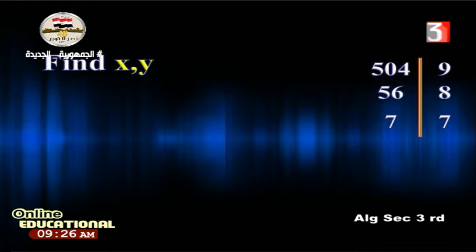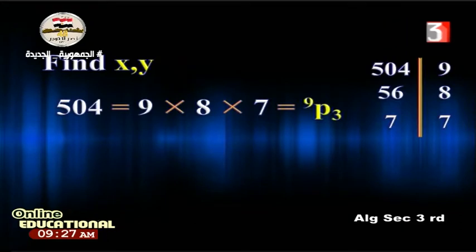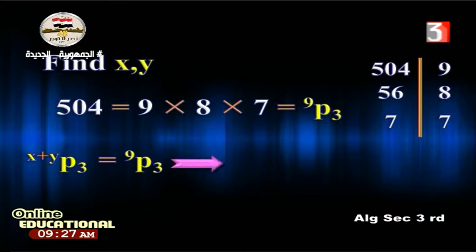We factorize 504: divided by 9 equals 56, divided by 8 is 7, divided by 7 is 1, so 504 is 9P3 by using factorization. Then (x plus y)P3 equals 9P3. Therefore, we deduce that x plus y equals 9.